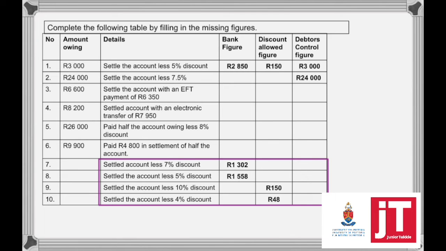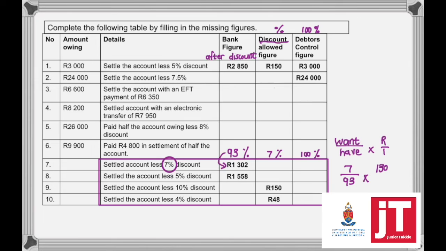Settled the account less 7% discount. If we think about this percentage-wise, our amount owed is always 100%. The discount is the percentage they give me, and the bank figure is always the percentage after discount. So if I look at the first one, I must know that the 1,302 Rand is 93%.